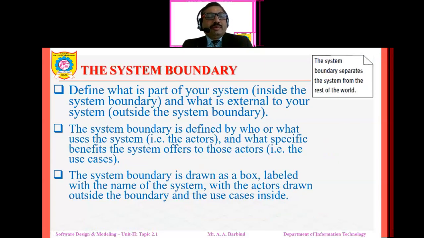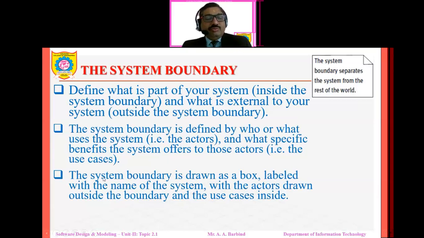So let us see first of all the system boundary. It defines what part of your system is inside the system boundary, and what is external to your system, that is outside the boundary of the system. The system boundary is defined by who or what uses the system, that is the actors, and what specific benefits the system offers to those actors, that is the use cases.